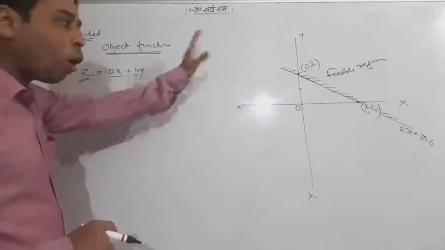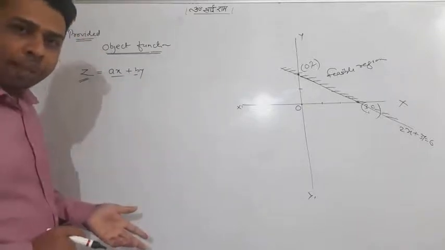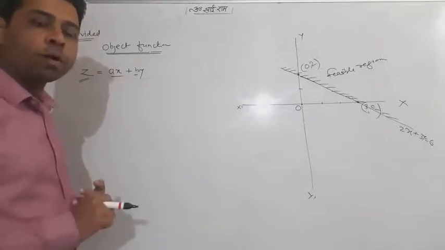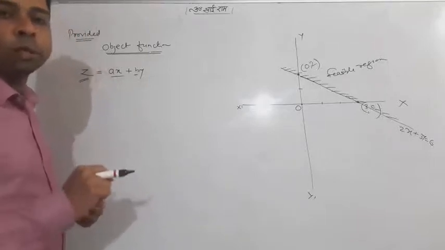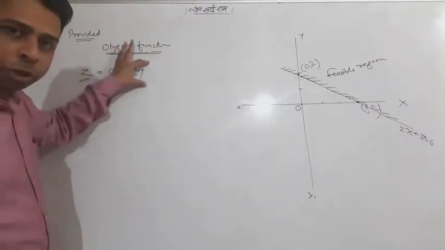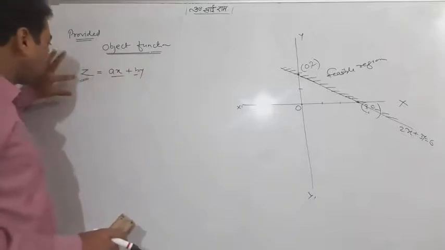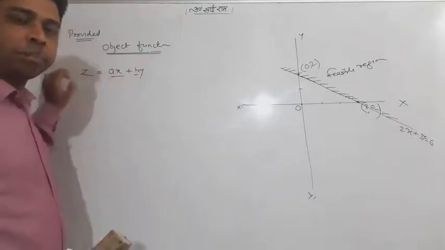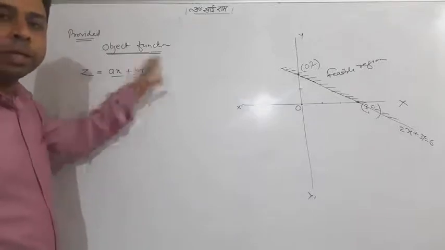In all our procedure, we have to find the minimum or maximum value of z, whichever will be told. So you don't worry about that. We just have to find its minimum or maximum value in our question.